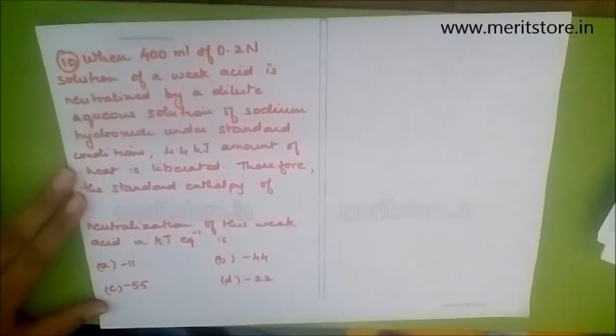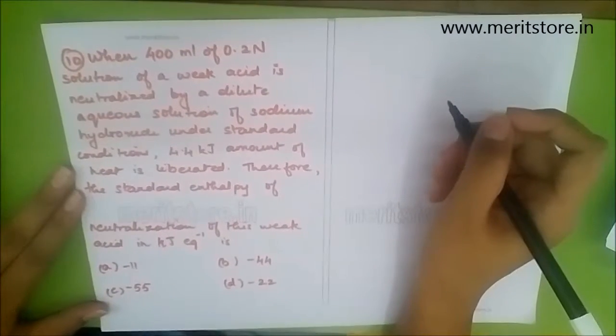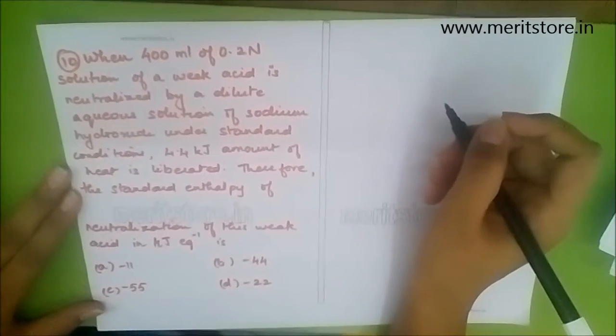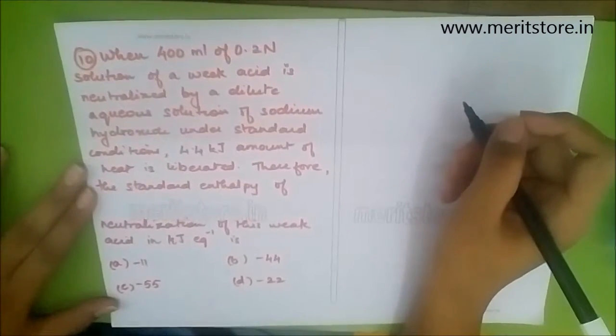When 400 ml of 0.2 normal solution of a weak acid is neutralized by dilute aqueous solution of sodium hydroxide under standard conditions, 4.4 kilojoules of heat is liberated.